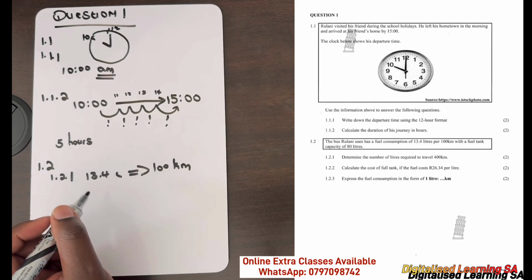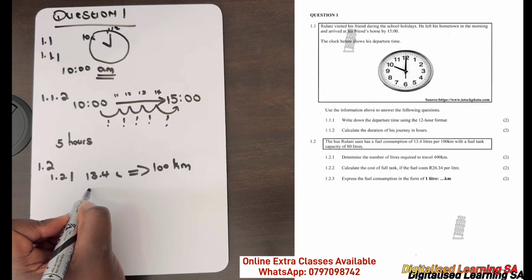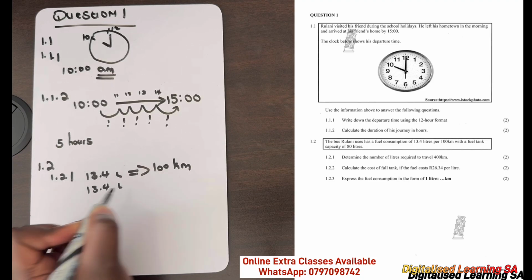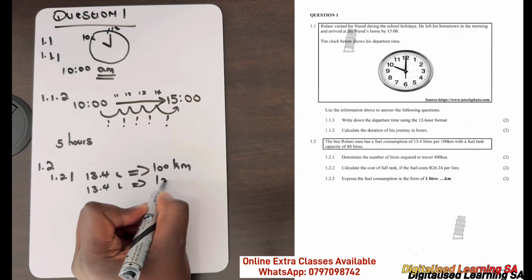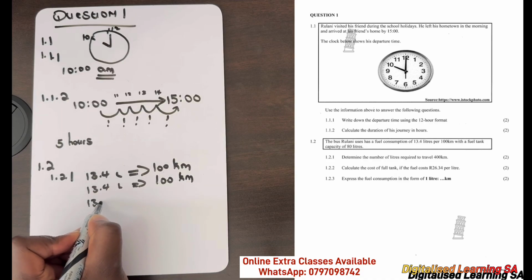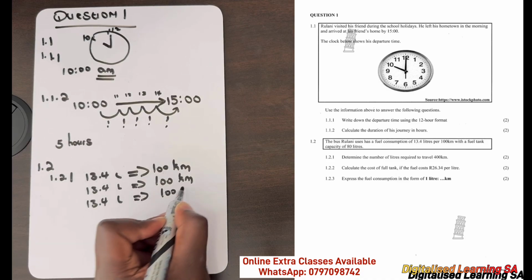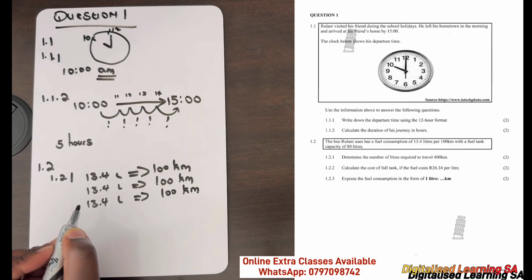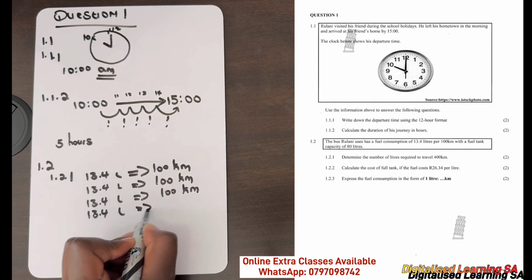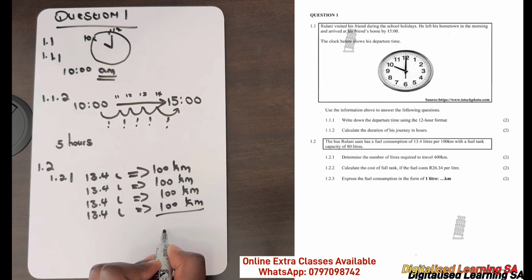So we can just do the same until we get to 400. 13.4 liters will travel another 100 kilometers, and 13.4 liters will travel another 100 kilometers, and another 13.4 liters will travel 100 kilometers, and in total we have 400 kilometers.